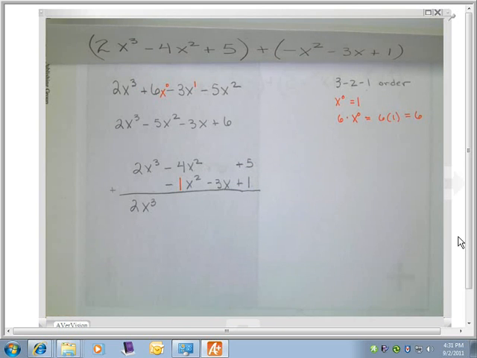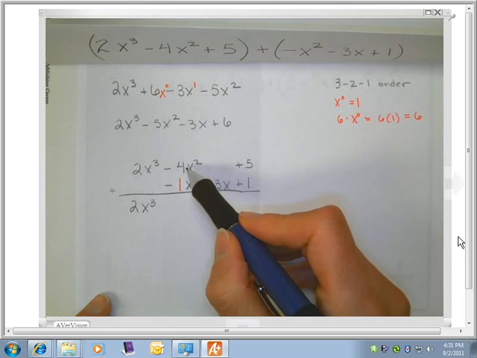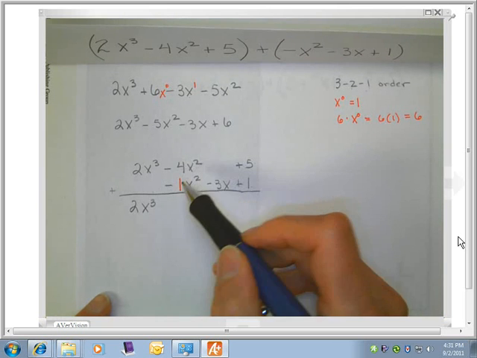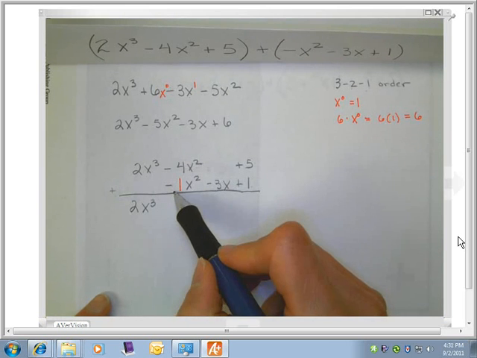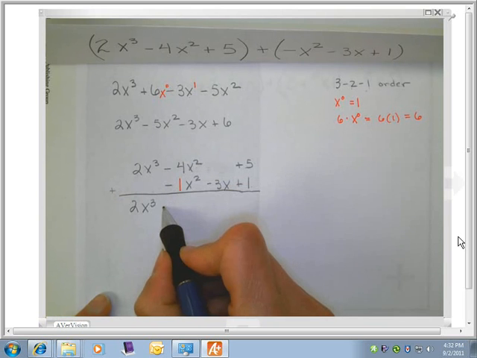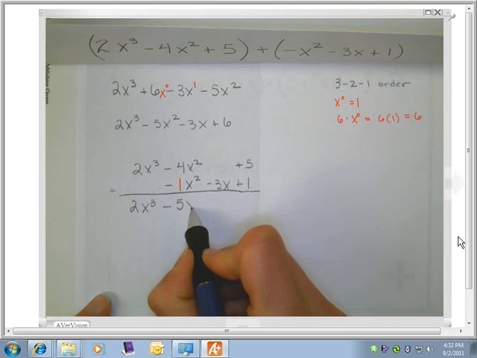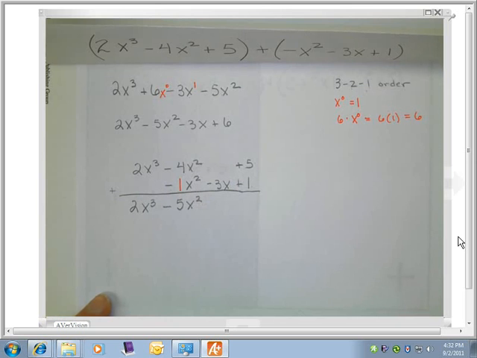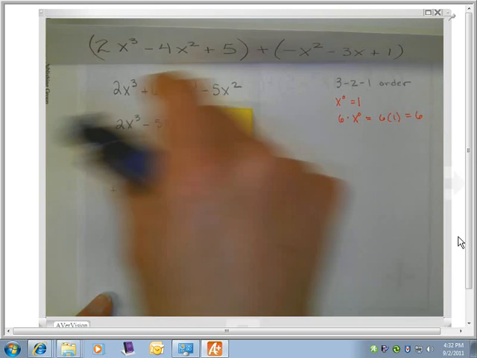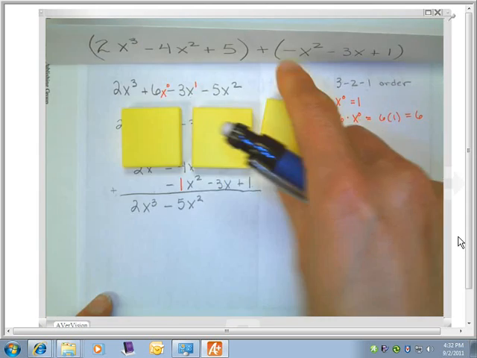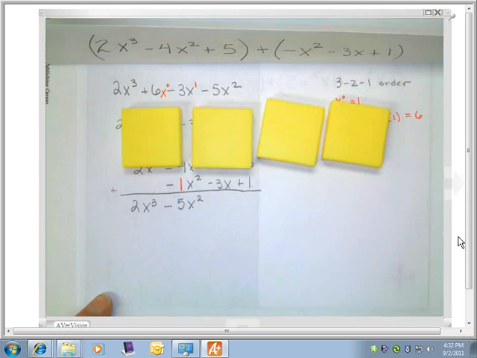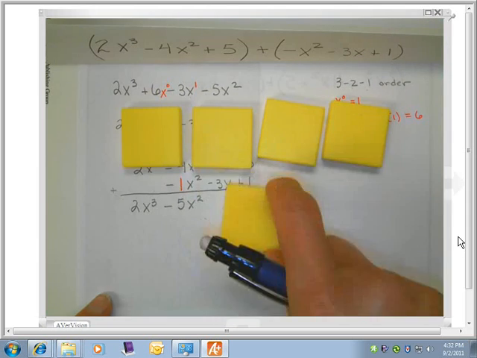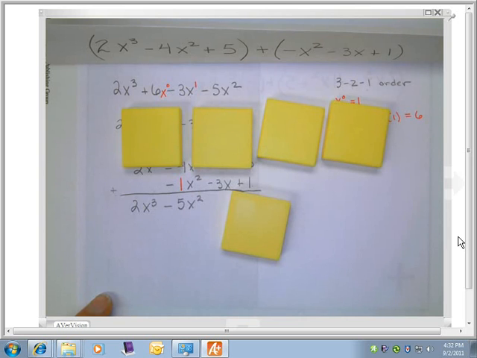So we have negative 4x squared and negative 1x squared, and that gives us negative 5x squared. Right? We saw that when we had x squareds. If I have 4 of these, they're all negative, and I add another negative 1, I have 5 altogether. Okay.